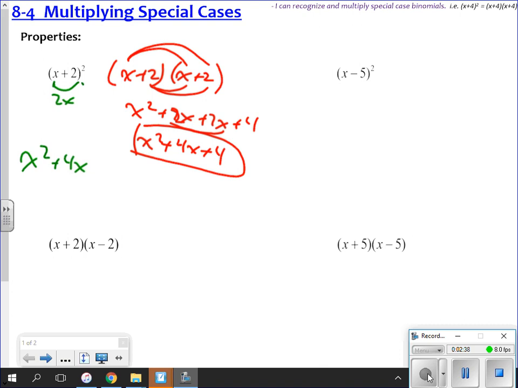Then you square the last term. 2 squared is 4. And look, we got the same answer. Works either way. If you learn the shortcut, it will help you when we're factoring later. It's not absolutely necessary, but it's nice to use a shortcut when you can. You can always FOIL it out.